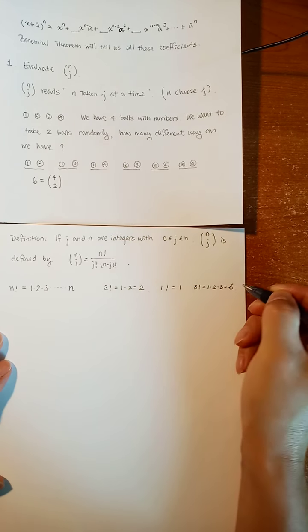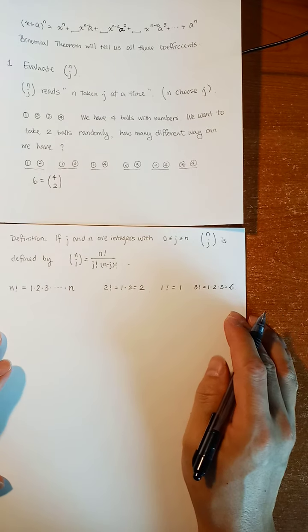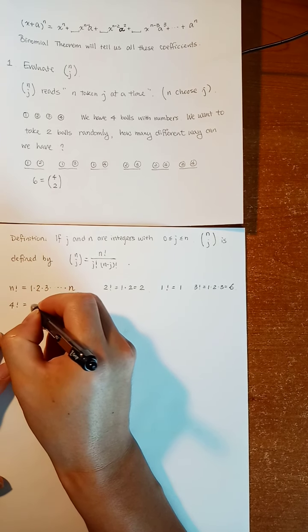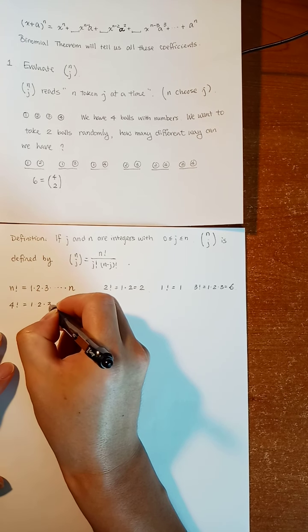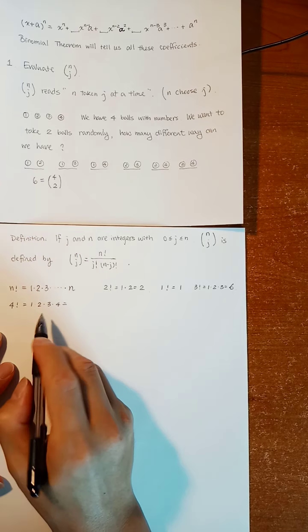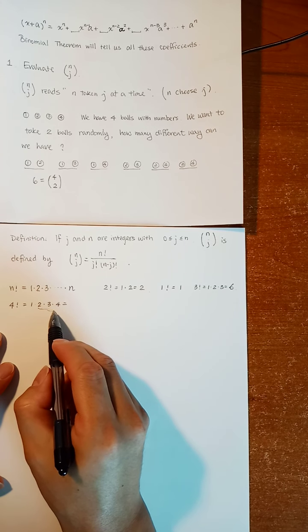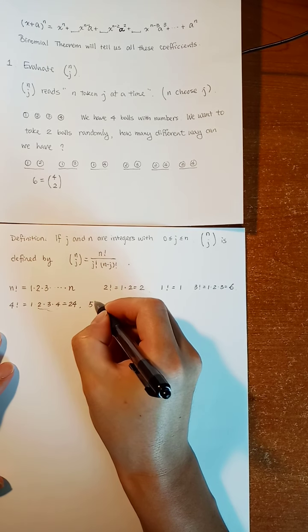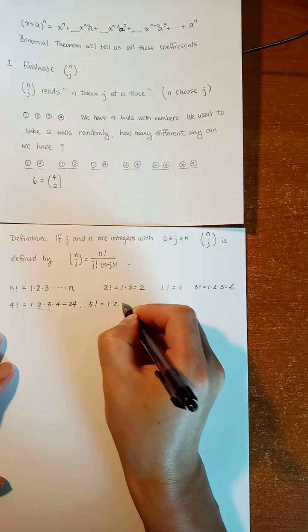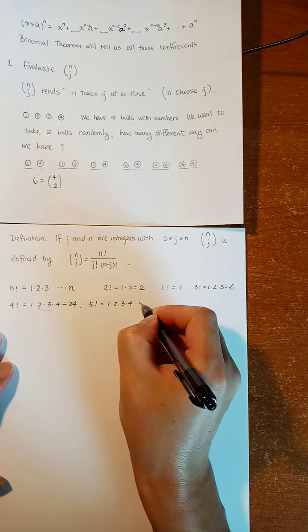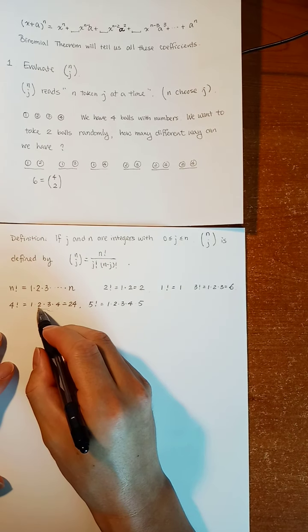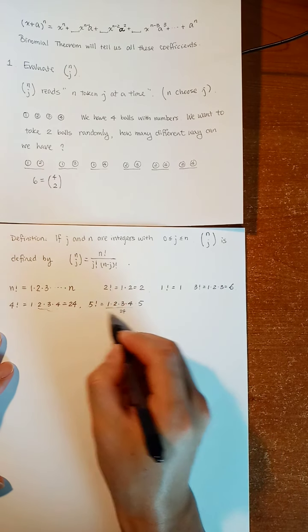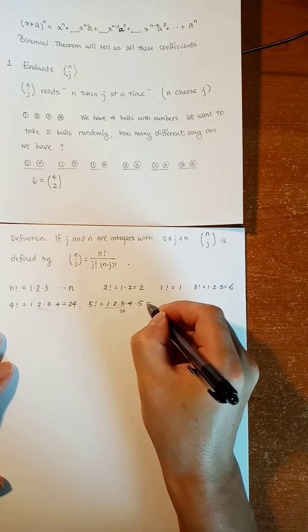Well, it's 6. There's no simple or quick way to compute. You just really do the product. 4 factorial is 1 times 2 times 3 times 4. So see here, 2 times 3 is 6, 6 times 4 is 24. And 5 factorial is 1 times 2 times 3 times 4 times 5. 1 times 2 times 3 times 4 is 24, and 24 times 5 is 120.